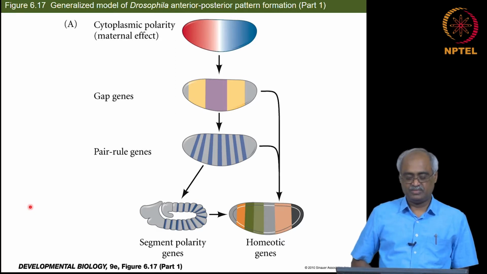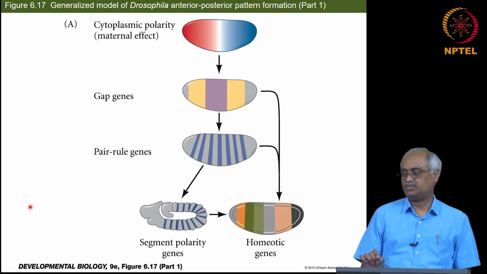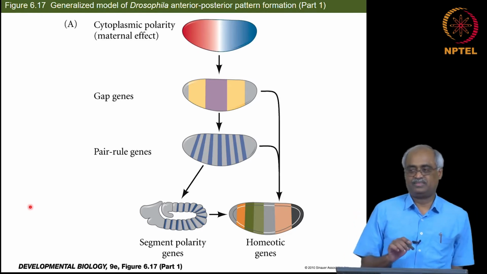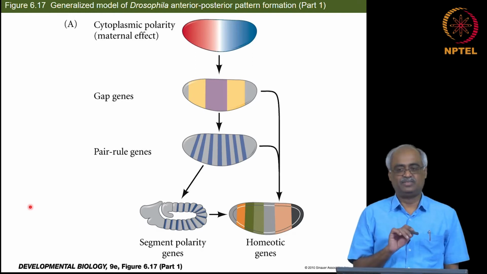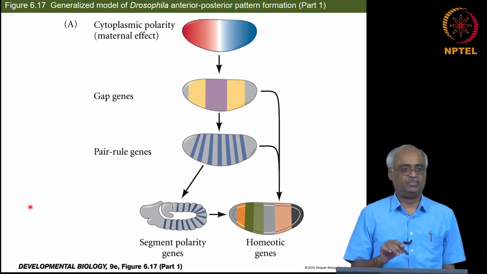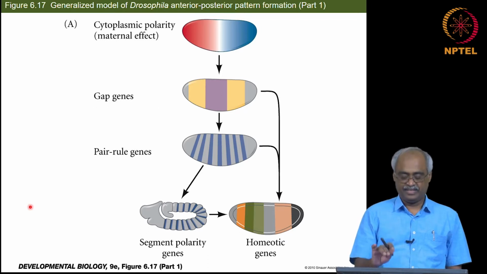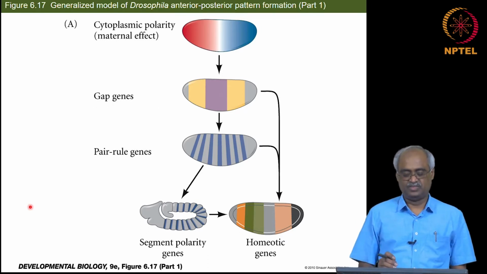So, the first asymmetry starts with the maternal factors, okay, meaning these are products of the maternal germ line, and they have already come either as protein or mRNA into the new generation, the new embryo. Okay. So, how they are going to be asymmetrically localized is the first part, and that is what determines the next set of genes.